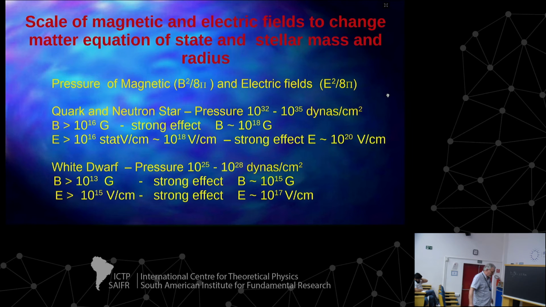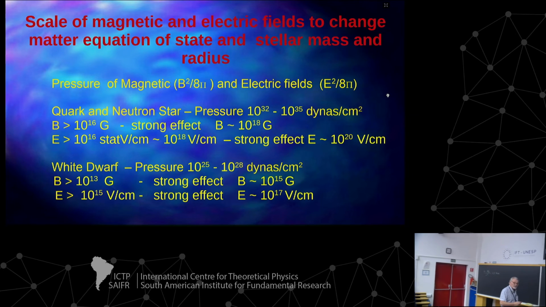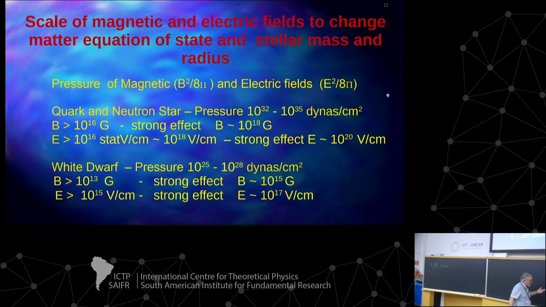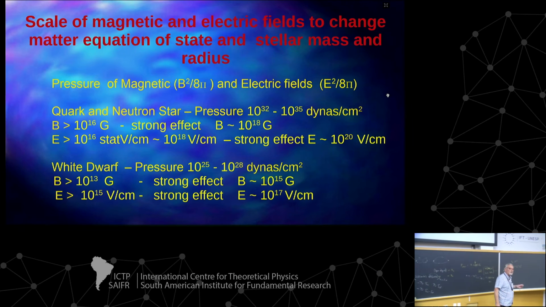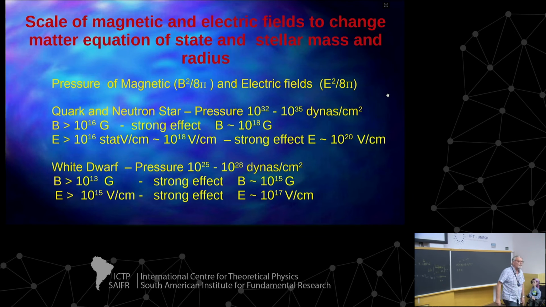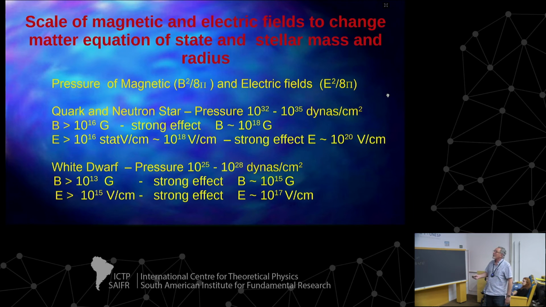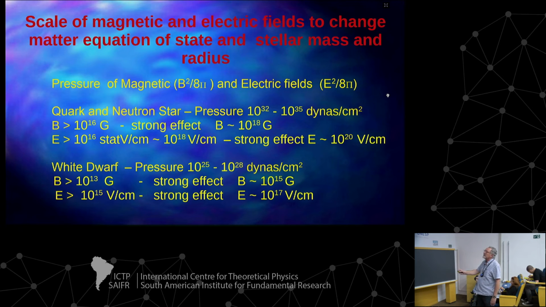Okay. So it's what I said for the temperature. 10 to 8 is a very high temperature, but on the scale of 1 MeV it is zero. So zero temperature is a good approximation for neutron stars. You can also do this for electric fields, because this is the energy density of the electric field, E squared over 8 pi, in statvolt per centimeter, but you convert, it's essentially orders of magnitude.